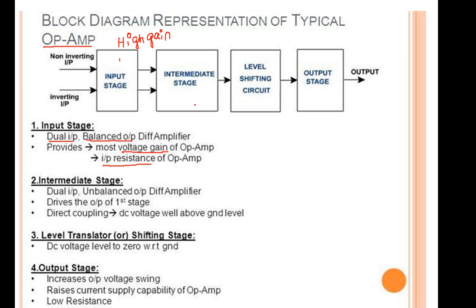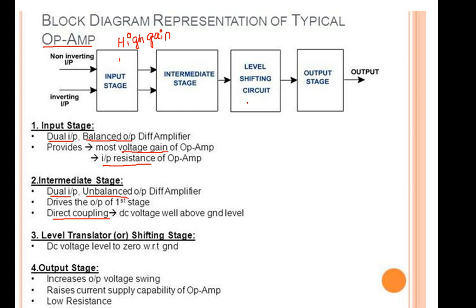At the intermediate stage we use the dual input unbalanced output differential amplifier, which is used to drive the first stage. I am cascading these two stages in order to provide high gain, and it is also used for direct coupling.